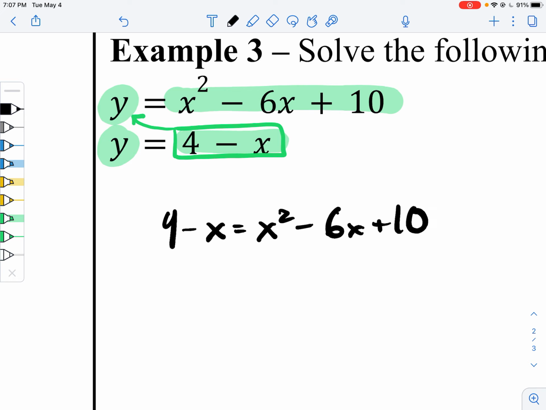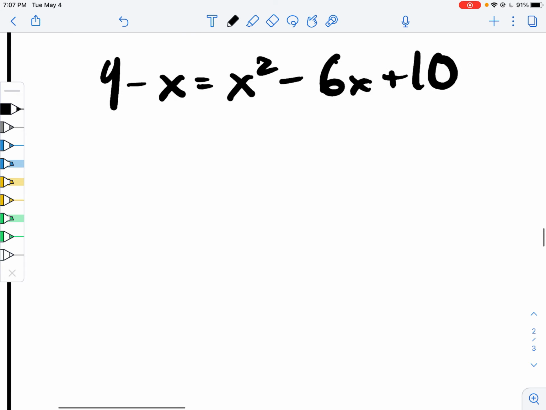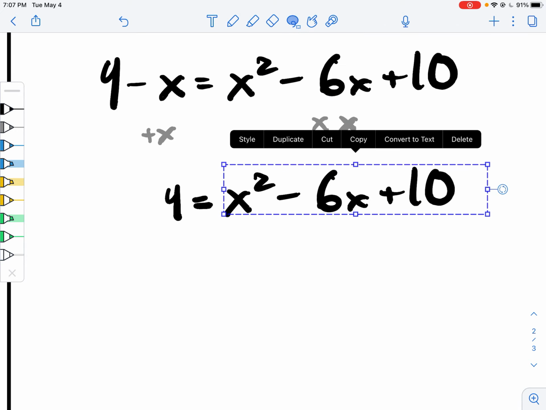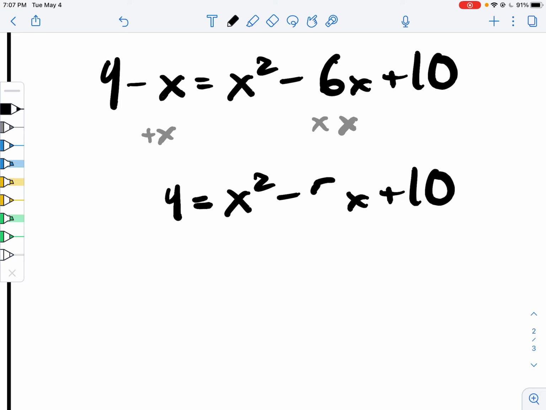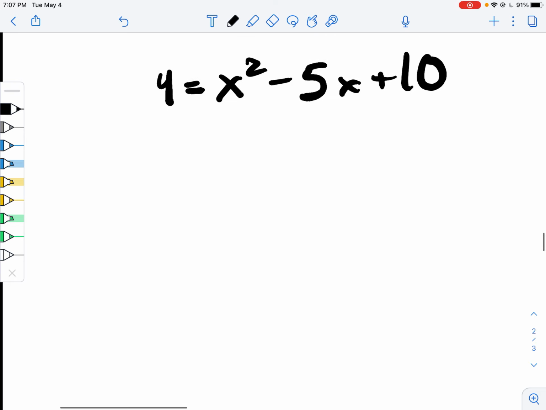I don't know how to solve that, but I do know how to solve when it's equal to 0. So to get this equal to 0, I'm going to add x to both sides, which gives me 4 equals x squared minus 5x plus 10. I don't know how to solve that, but I know how to solve when a quadratic's equal to 0.